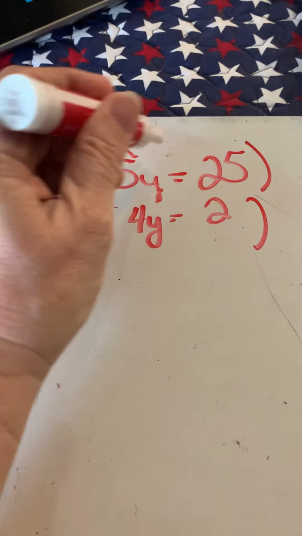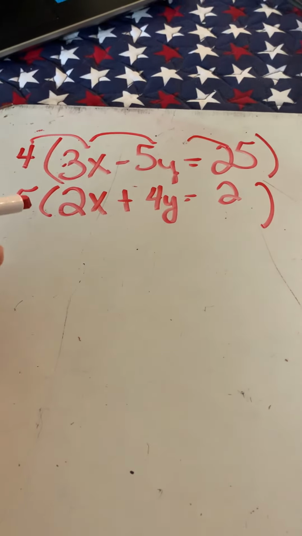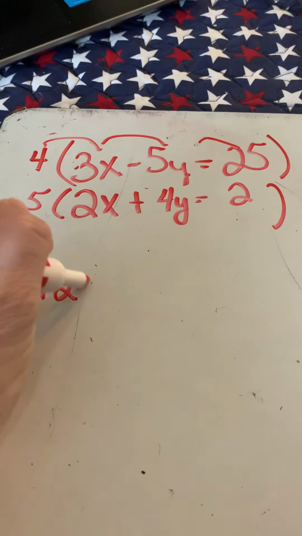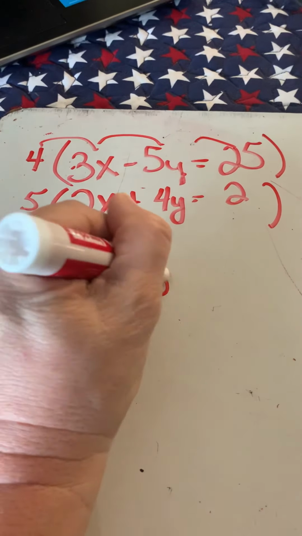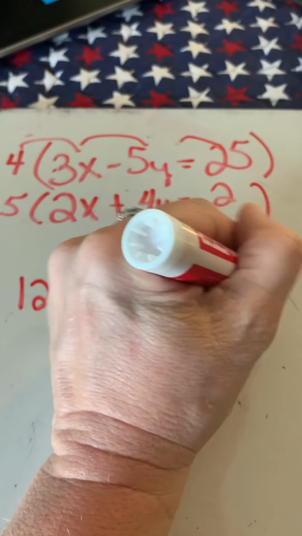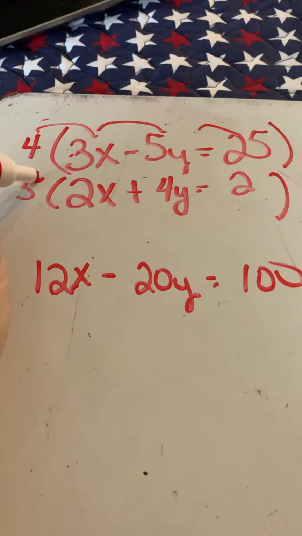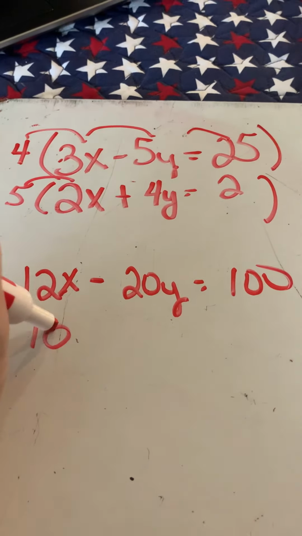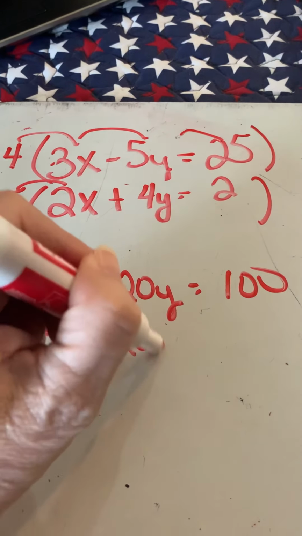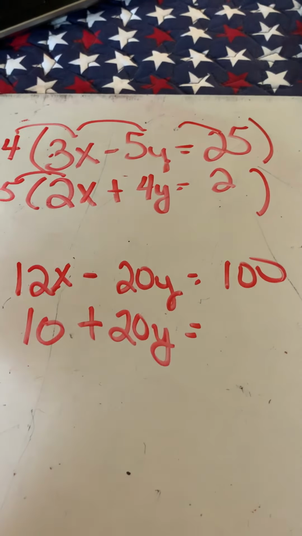So I'm going to distribute the 4 to each term in this equation. So it's going to give me 12x minus 20y equals 100. And here this is going to give me 10x plus 20y equals 10.